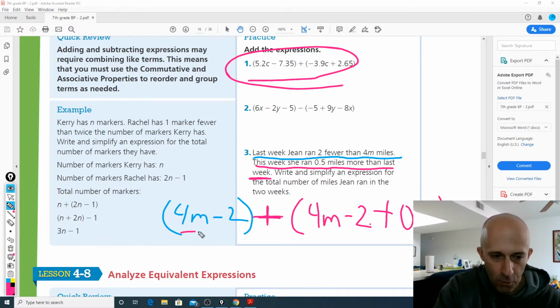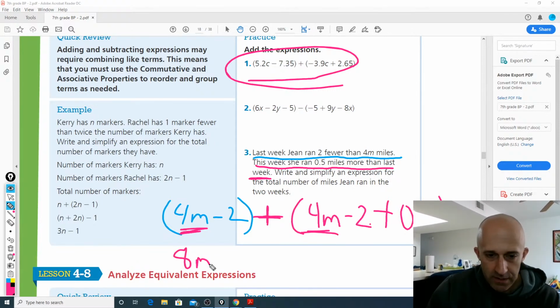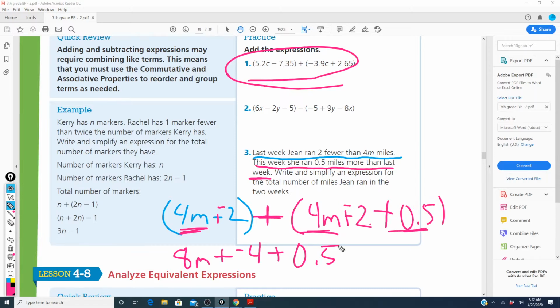4m plus 4m is going to give us 8m. If I get a negative 2 plus a negative 2, I'm going to get a negative 4. And then you're left with your positive 0.5.